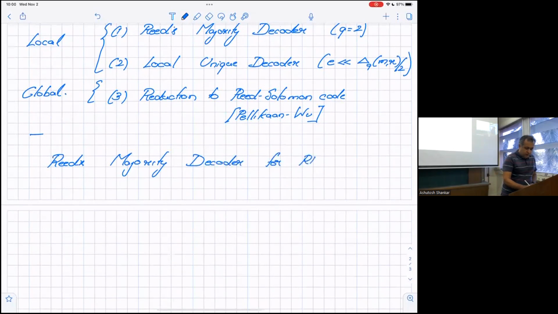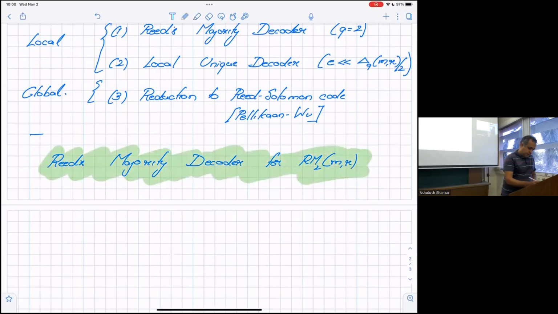Only for Reed-Muller over the binary field and degree r. And the thing to notice over here is that delta_2^{MR} has a very nice form: 2 to the m minus r. So if the number of errors is less than half this quantity, we want to be able to decode.